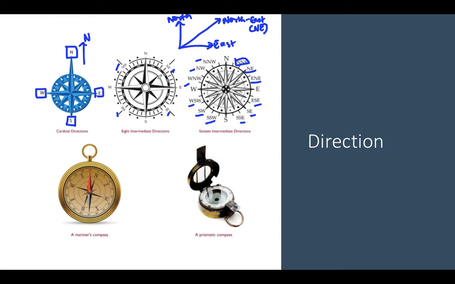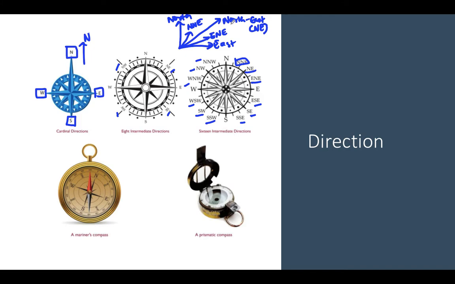So the half portion is northeast. So here north northeast, and this is east northeast. Clear? So similarly it is also divided into 16 intermediate directions. Clear?